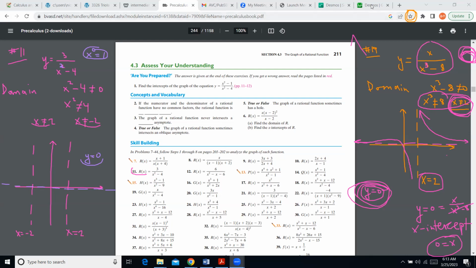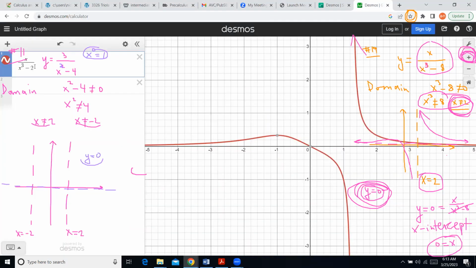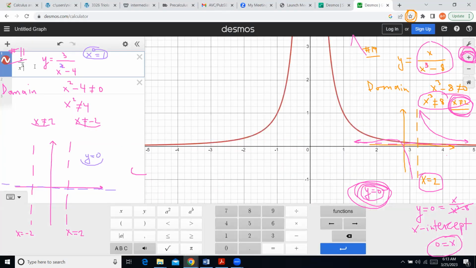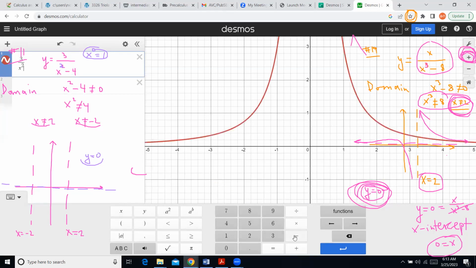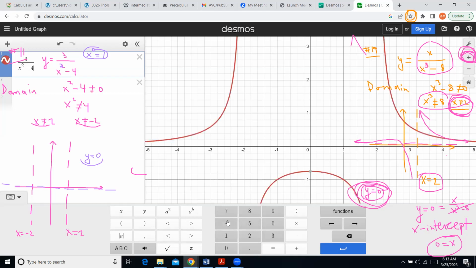So why don't I graph it? So I go back to this new favorite calculator and divide 3, so just enter number 3 by the denominator with x squared minus 4. And it looks like I should zoom out a little bit to better see this graph. Remember, we had this minus on the right side.